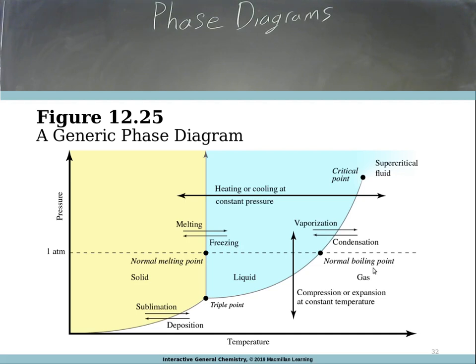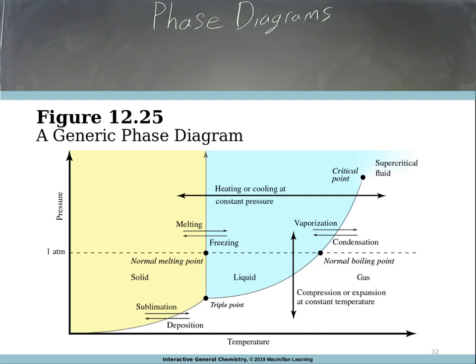If I increase the temperature and then I increase the pressure and then I decrease the temperature and then I decrease the pressure so that I'm in the middle of the liquid range, I will have gone from something that is clearly and unambiguously a gas into something that is clearly and unambiguously a liquid without ever observing a phase change between the two, which is a pretty wild idea. So that's the basic anatomy of a phase diagram.